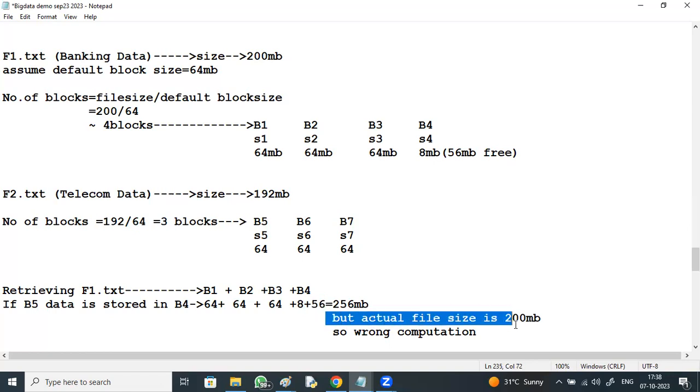But the actual file size is 200 MB only, right? So it is a wrong computation.